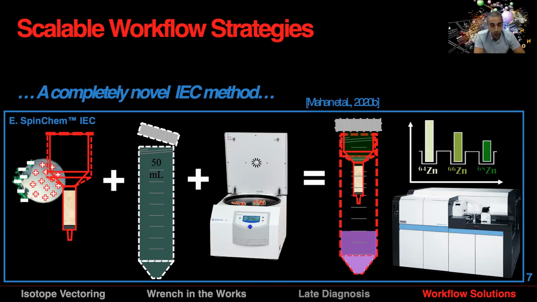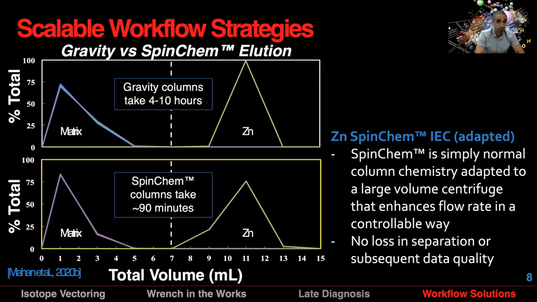More or less, you can just chuck that into a centrifuge and do the same thing. As long as you're not going too fast, you get the same separation. Then we make our isotope analyses, usually with the multi-collector ICP-MS. With this method, you don't really lose anything. You don't lose any analytical resolution or anything like that. You just gain heaps of time.